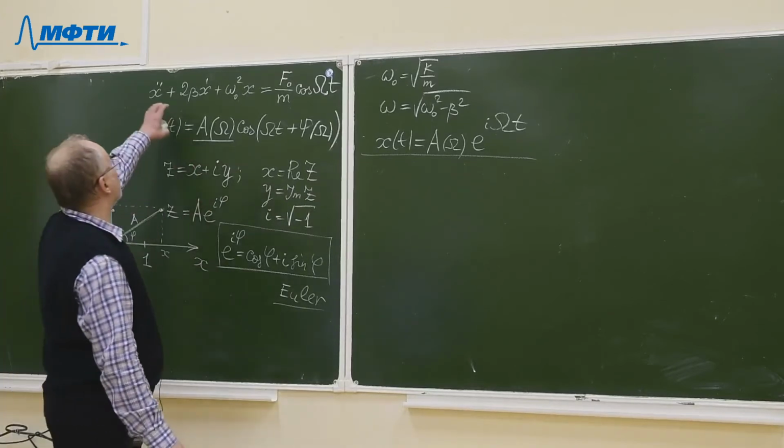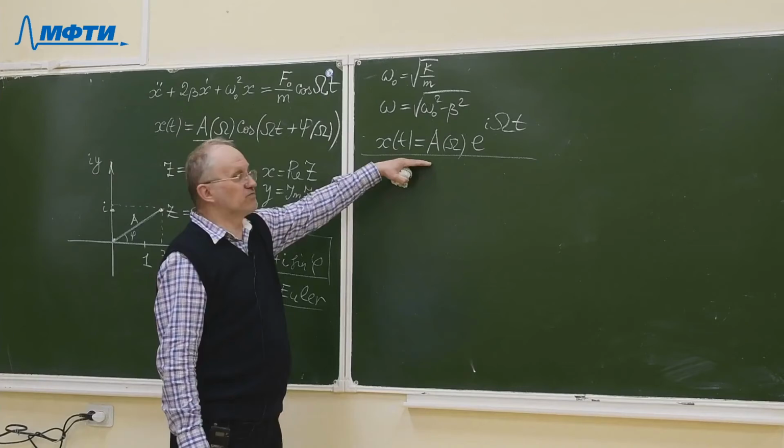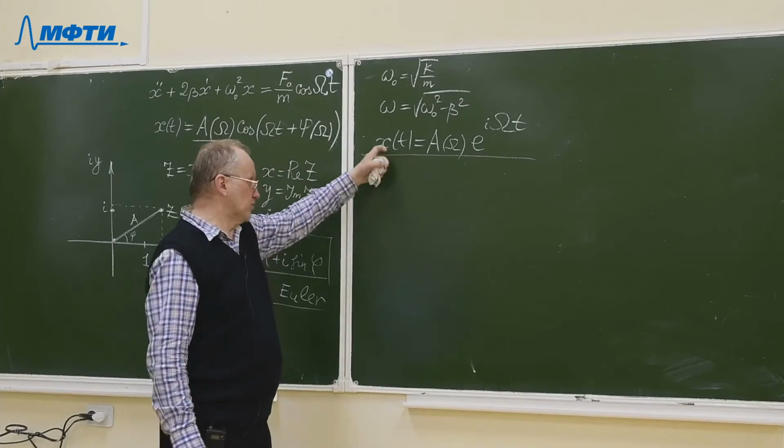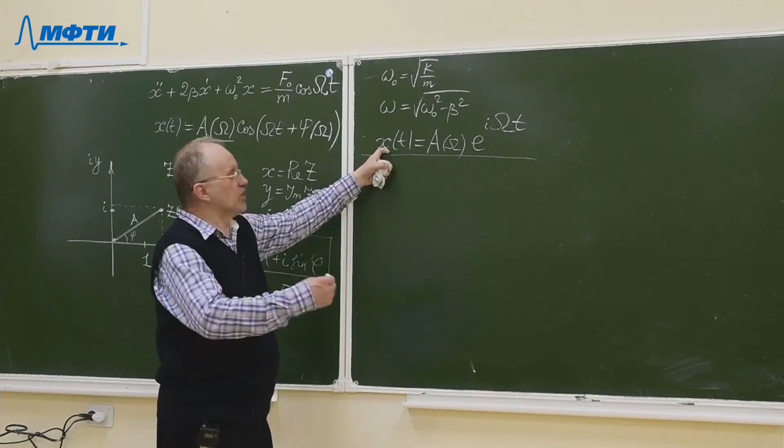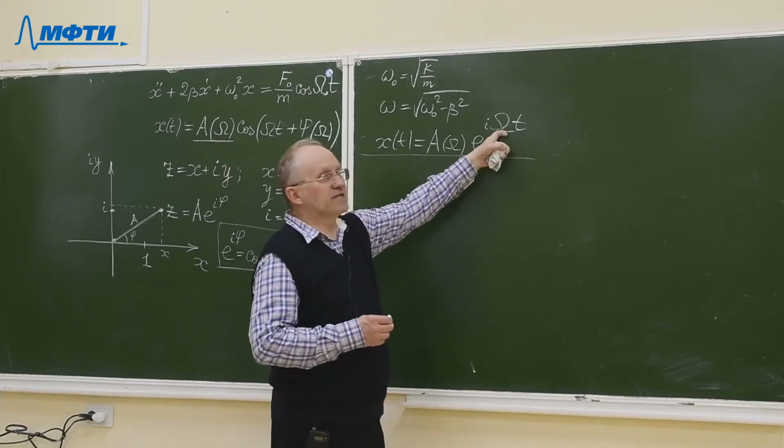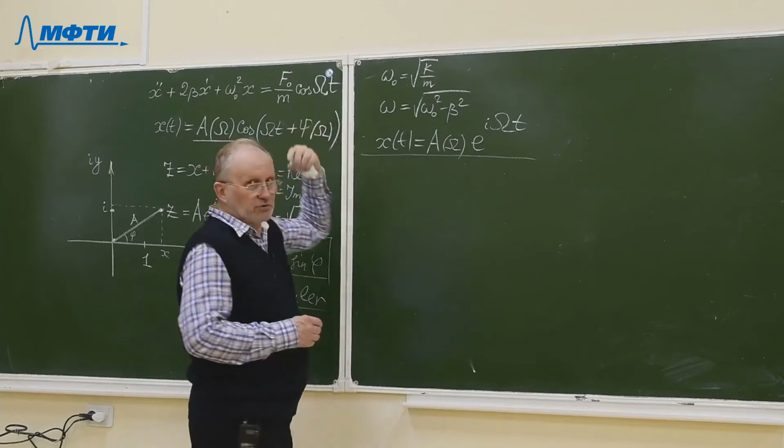We will try to find the solution to this differential equation in this form, because we are sure that the body coordinate x of t will change in time with frequency capital omega, the frequency of external force.